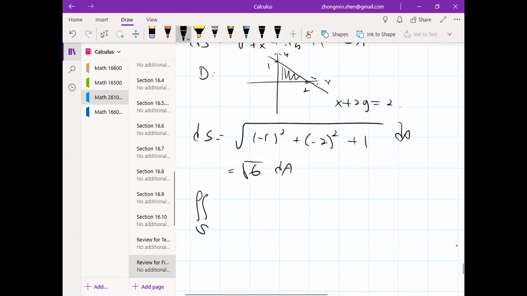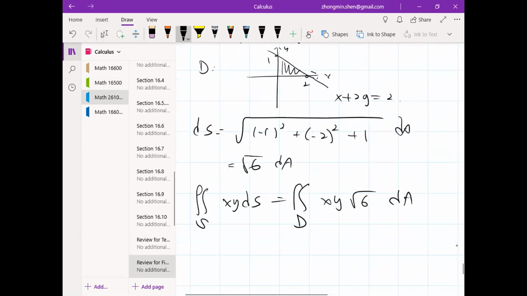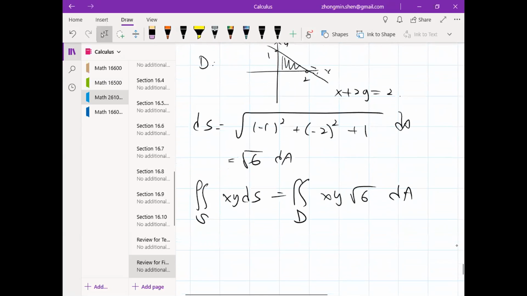So this surface integral is going to be the double integral. X is still x, y is still y, and dS is square root of 6 dA. Very simple. Then you get a double integral over the triangle. You integrate x from 0 to 2, dx.